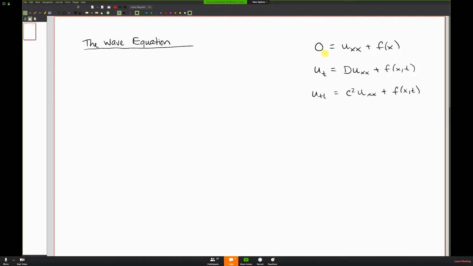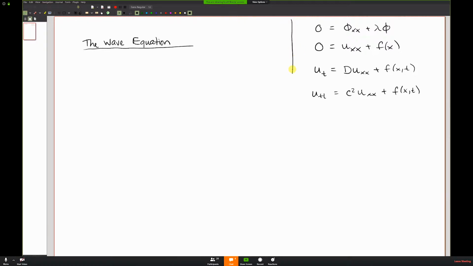And you can see we have this nice mathematical progression from no time derivatives to one time derivative to two time derivatives. And mathematically, these all kind of belong in the same class, all right? To solve all three of these, we have used the eigenfunction equation.